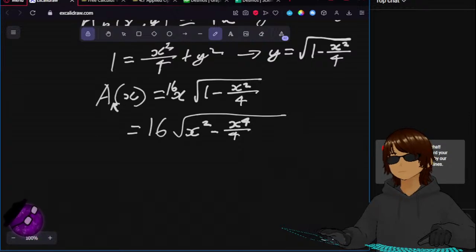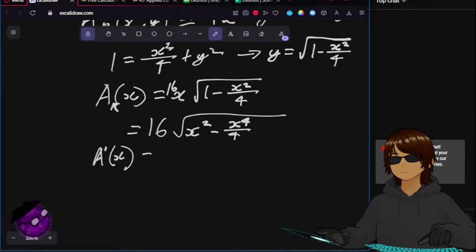And then the derivative of the area is the derivative of the entire thing.